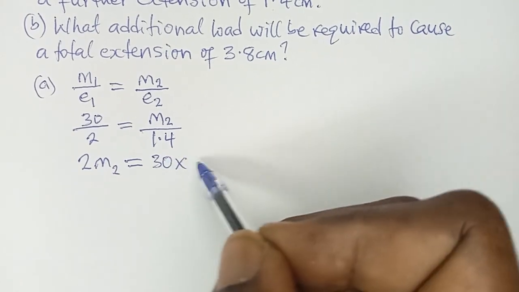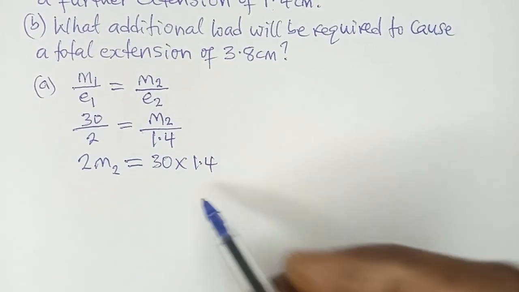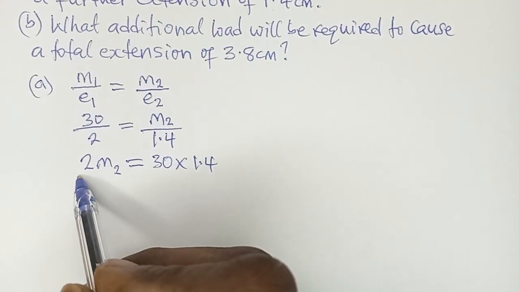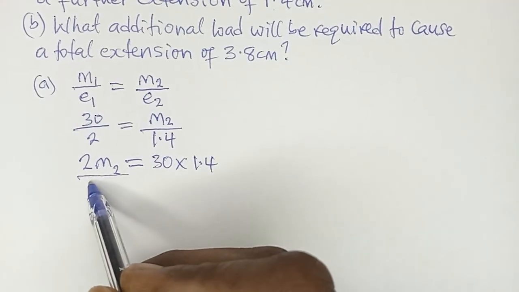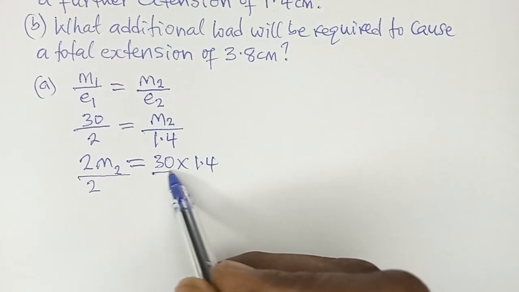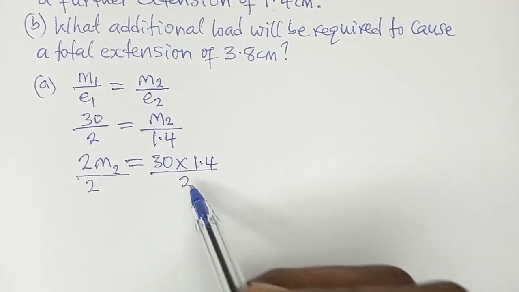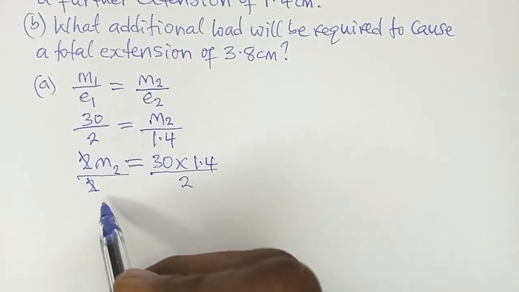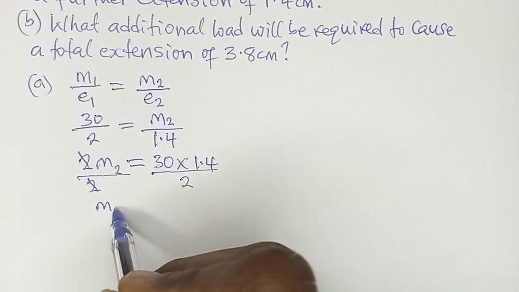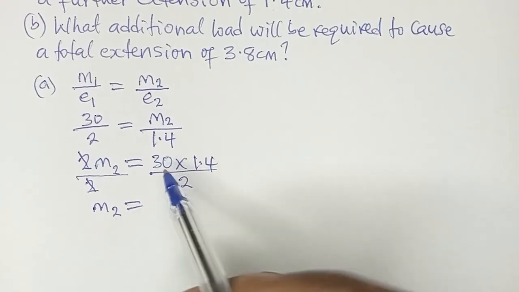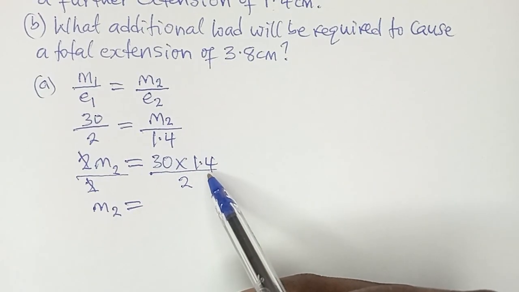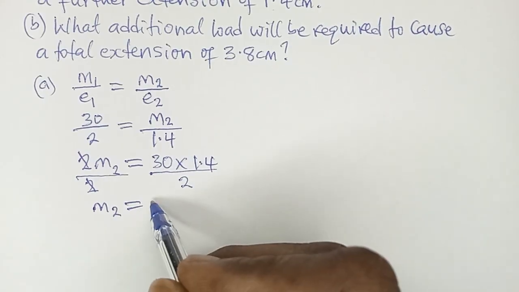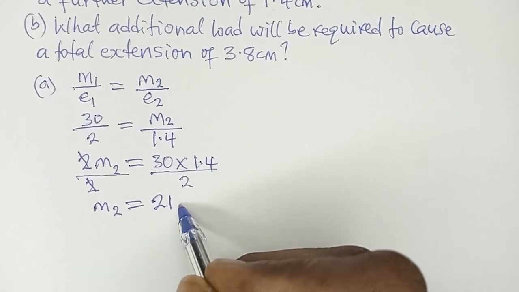So the next thing for me to do is to divide both sides by 2 because I'm looking for M2. When I divide both sides by 2, this 2 will cancel 2 and I'm left with M2 is equal to 30 multiplied by 1.4 divided by 2, which is going to give me 21 gram.